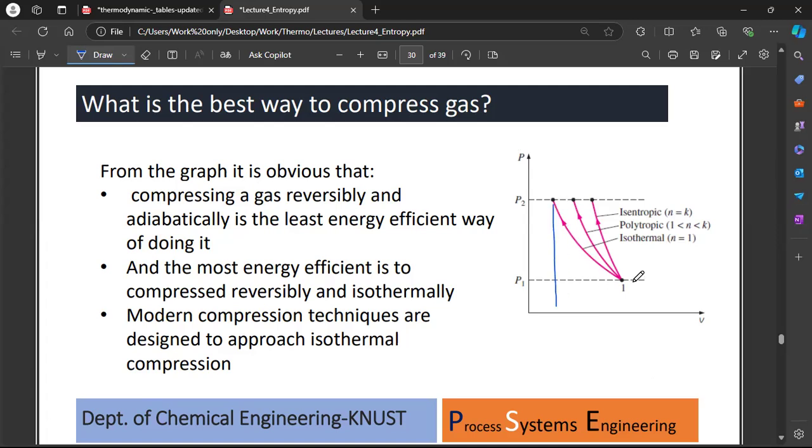You can just look at the area under the curve. The area under the isothermal curve is way smaller than the area under the polytropic curve, right? So if you're compressing a gas reversibly and adiabatically, it's the least energy efficient way of doing it. The one that is going to be very energy efficient is to do it reversibly and isothermally. So most compression techniques are designed to approach isothermal compression. Is that okay?